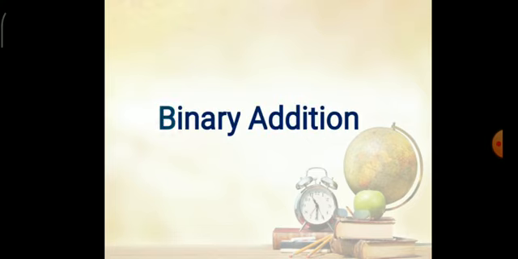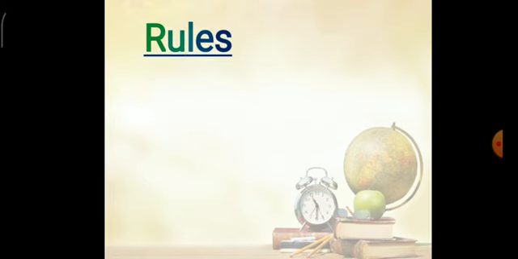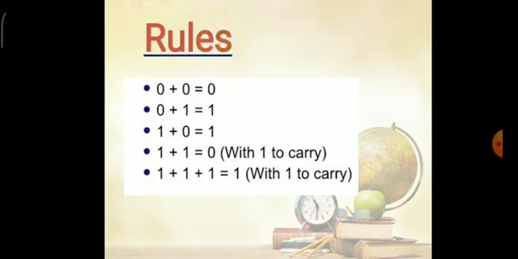Students, to perform binary addition, we have to remember some rules first. The rules are: 0 plus 0 is equal to 0, 0 plus 1 is equal to 1, 1 plus 0 is equal to 1, 1 plus 1 is equal to 0 with 1 to carry.